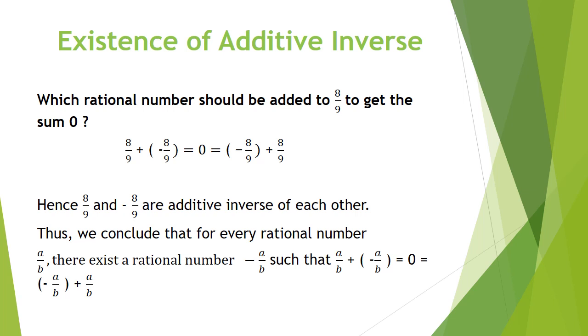That is 8 upon 9 plus minus 8 upon 9 or minus 8 upon 9 plus 8 upon 9. Answer will be 0. Hence 8 upon 9 and minus 8 upon 9 are the additive inverse of each other. Thus we conclude that for every rational number a upon b, there exists a rational number minus a upon b such that a upon b plus minus a upon b equals 0.